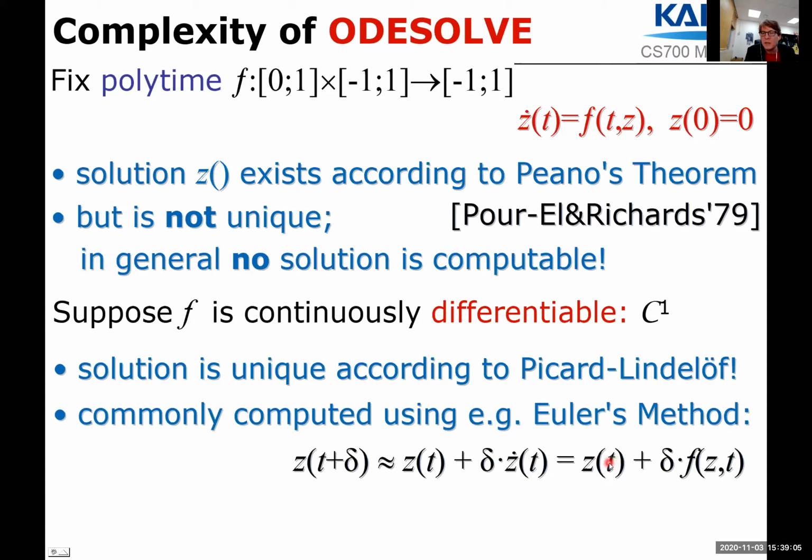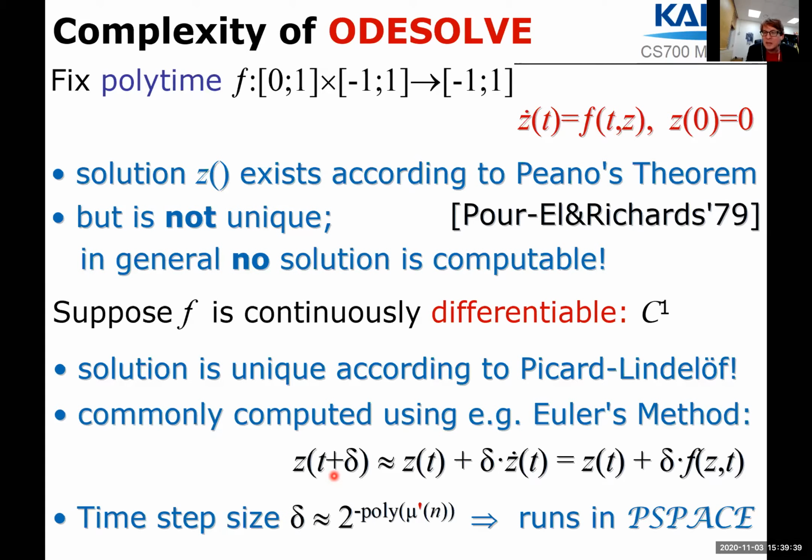Knowing the solution at time t, we can compute from this an approximation to the solution at time t plus delta. This is Euler's method. And let me emphasize that although numerics has devised much more advanced, higher order methods, such as the Runge-Kutta method, their complexities turn out to be almost the same from the rigorous perspective.